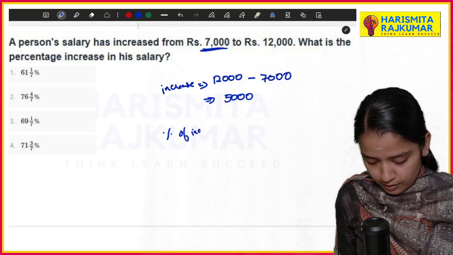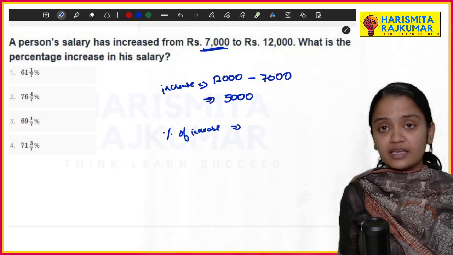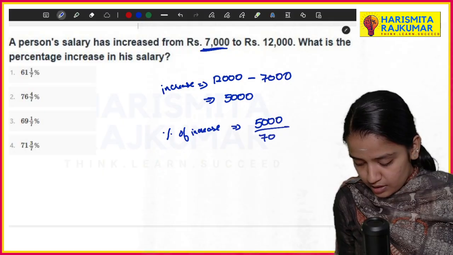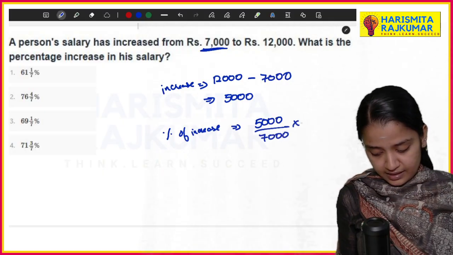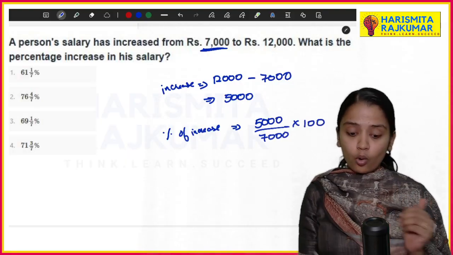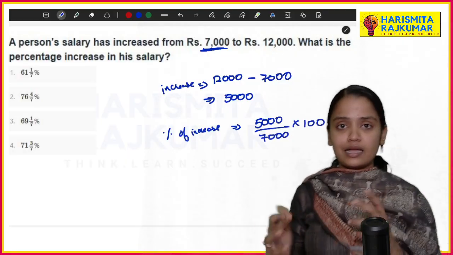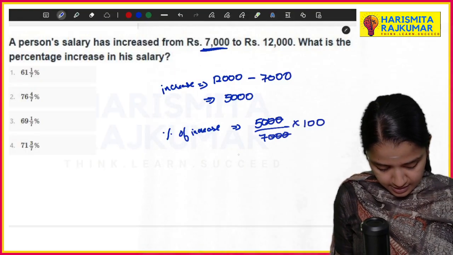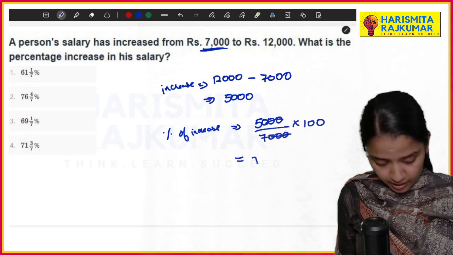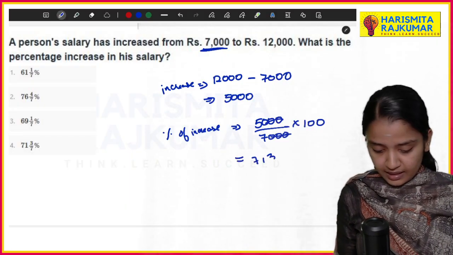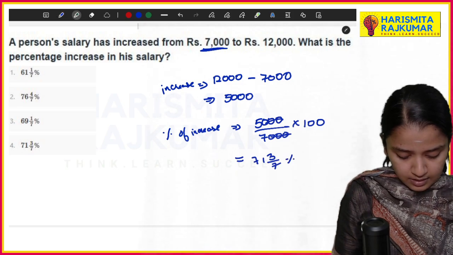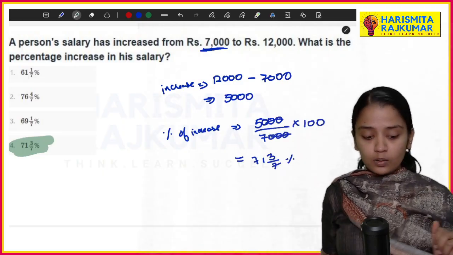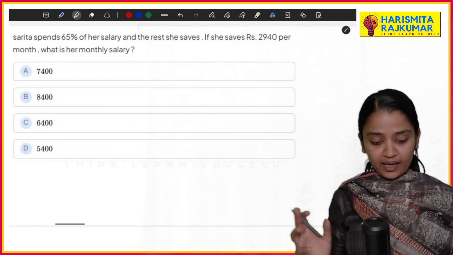Percentage of increase is nothing but the increase by 7,000 into 100 percentage, because we need the increase from the original value. When I cancel these, my final answer will be 71 3 by 7 percentage. So your right answer is option D.